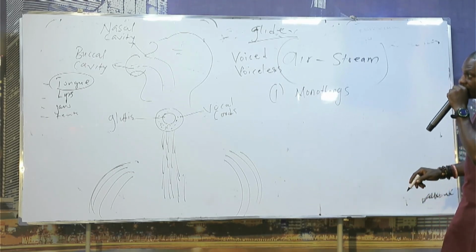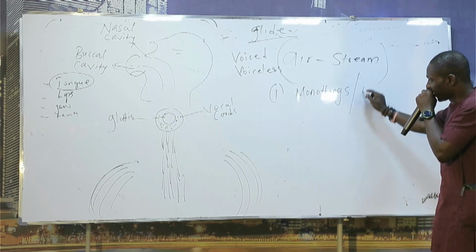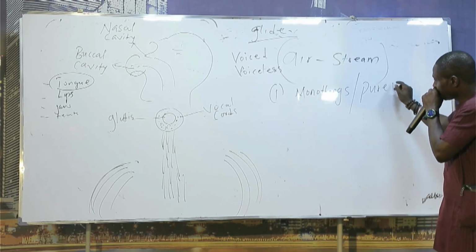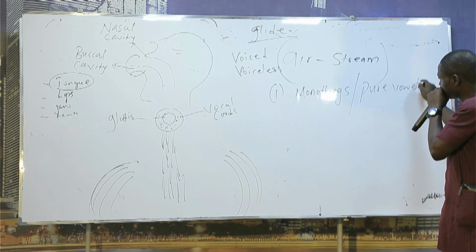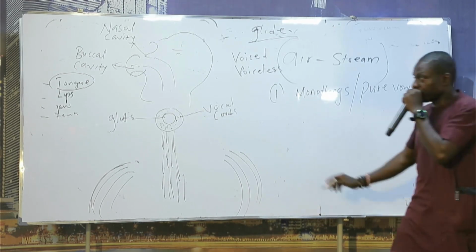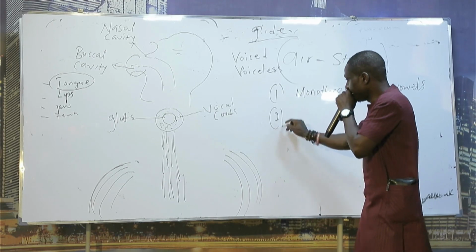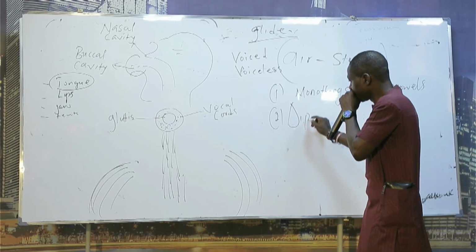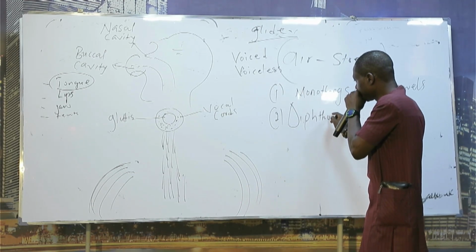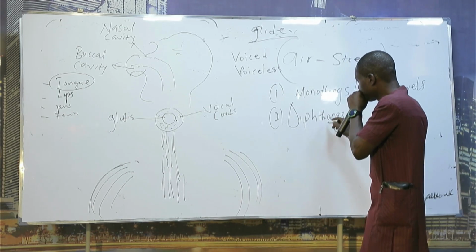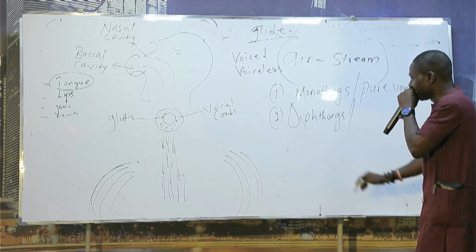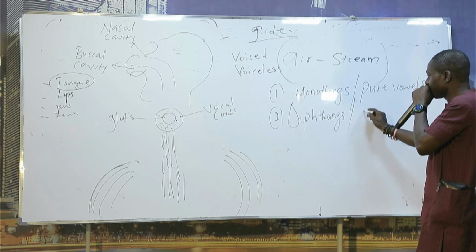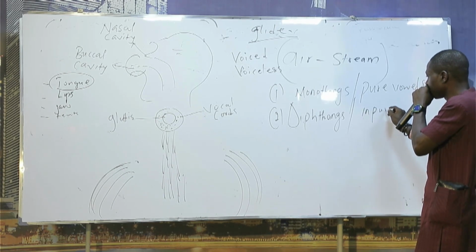If you don't call it monophthongs, you call it pure vowels. Number 2, diphthongs. If you don't call it diphthongs, you call it what? Impure vowels.